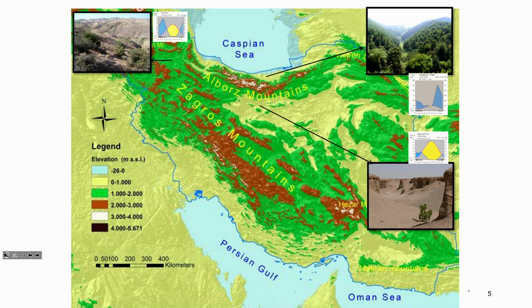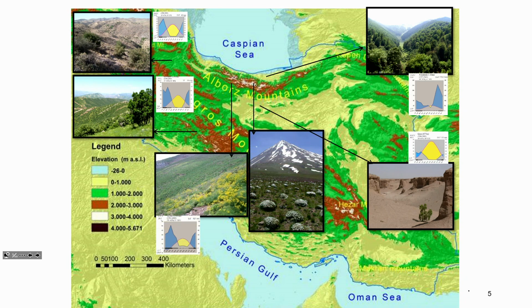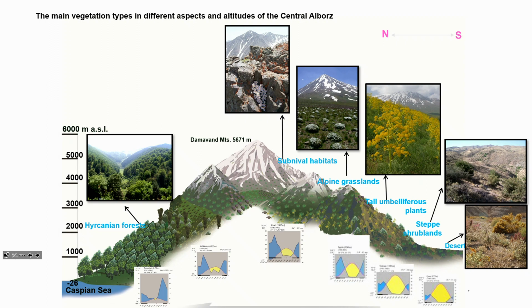In the central part, the montane zones are usually shrublands, oak woodlands in the Zagros Mountains, and subalpine and alpine vegetation types, which we will see in the next slides.